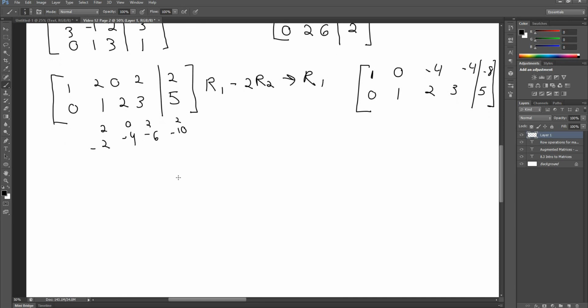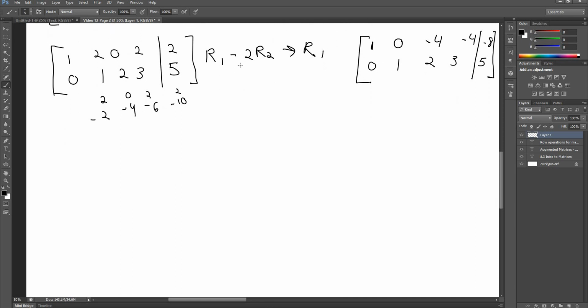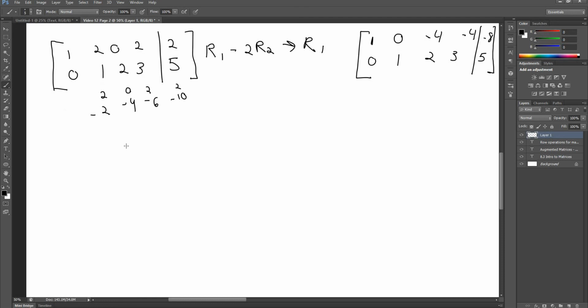And then last but not least, and this one will actually then solve for the system, I could have 1, 0, negative 2 is negative 3, 0, 1, 2, 3, 0, 0, 1 equals 2.